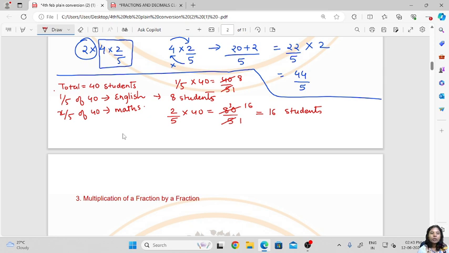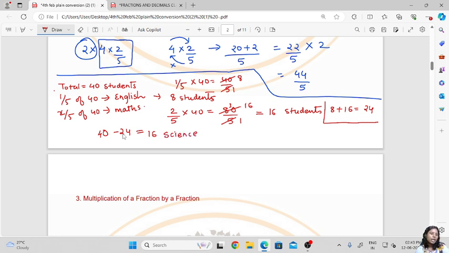So first we find how many like maths plus English: 8 plus 16, that is 24. So 24 students out of 40 like maths and English. Obviously the rest, 40 minus 24, that is 16, like science.